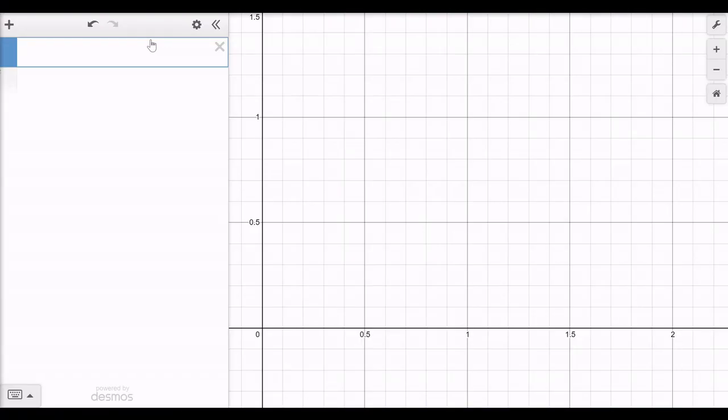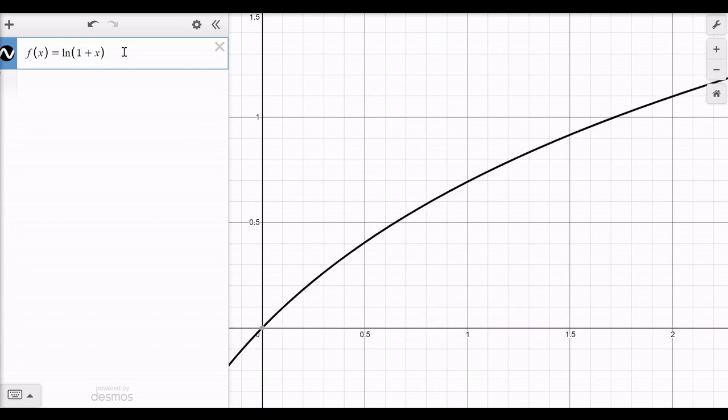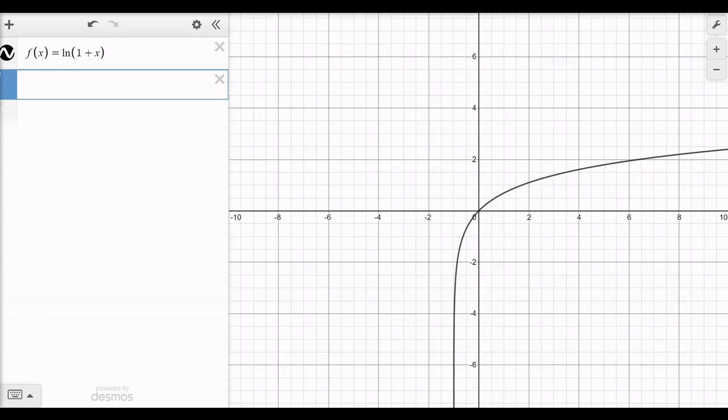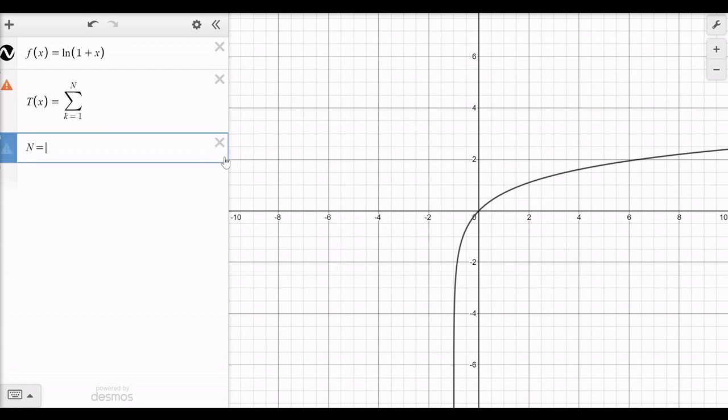To begin our formal discussion of the radius of convergence for power series, let us first consider the Taylor series for a function for which we already know the Taylor series, namely the natural log of 1 plus x. So it looks like that. We know the Taylor series for this logarithmic function, T of x, is equal to the sum from k is equal to 1 to infinity, and I'm going to make the infinity an arbitrarily large number.